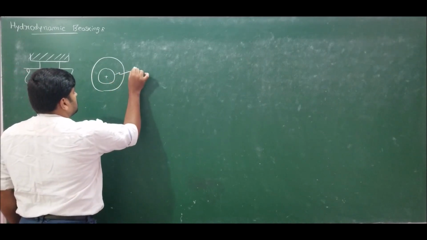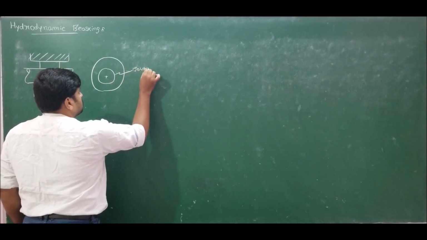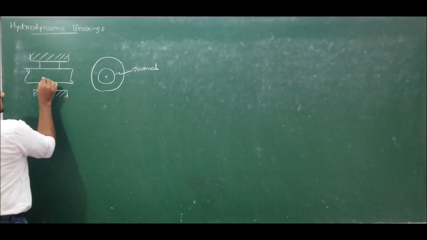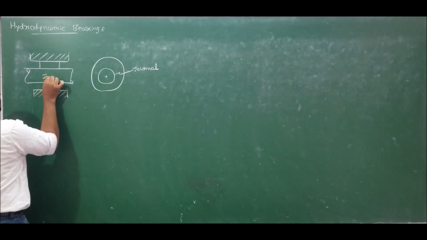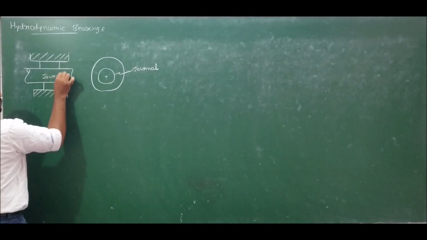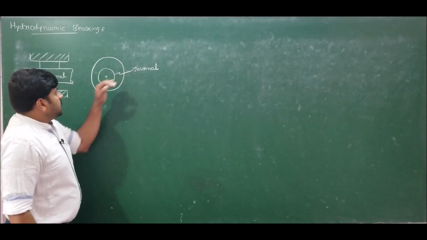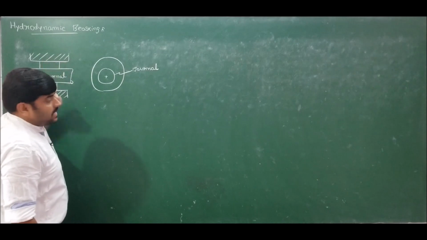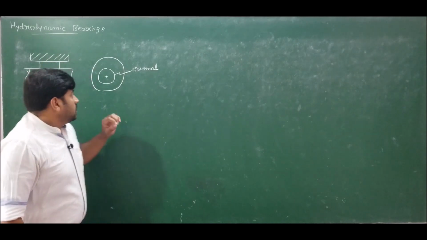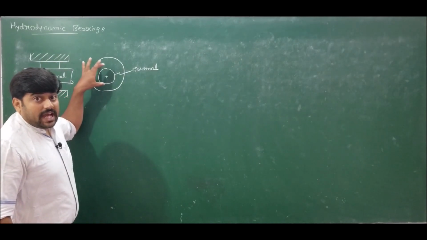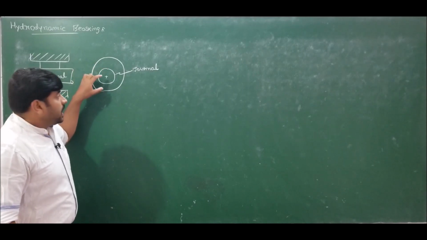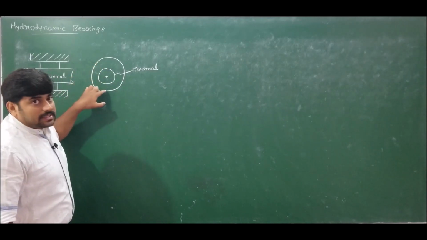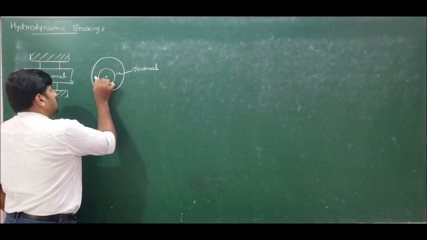The journal rotates concentrically inside this bearing. So this is the journal, right? So journal is nothing but the shaft. This journal rotates concentrically if and only if the load acting on it is very small, the speed of the journal is very high, let us say infinity, and the viscosity of the lubricant present between the journal and the bearing is very high.